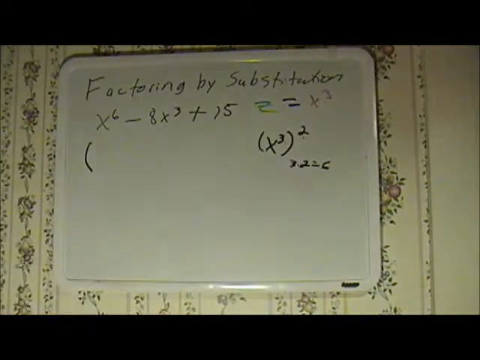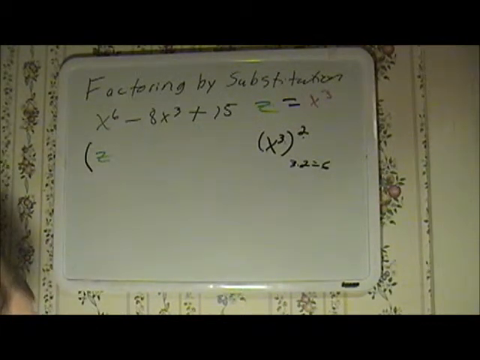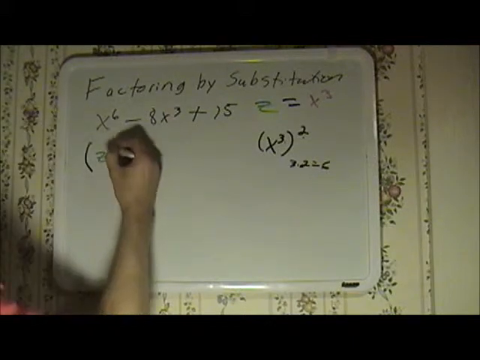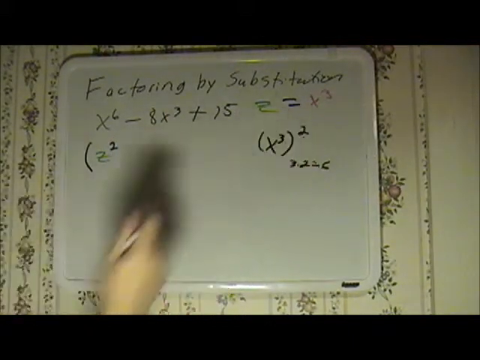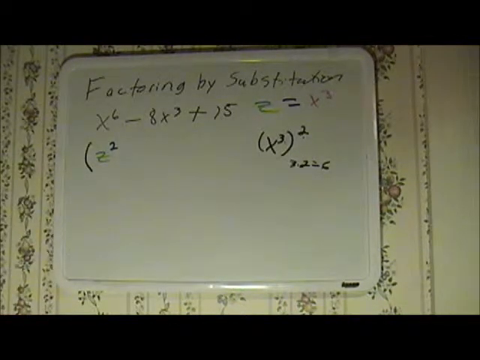So x cubed squared is x to the 6th. So since there is an x cubed in this, we're going to put our z and give it an exponent, like taking the cubed and squaring it.